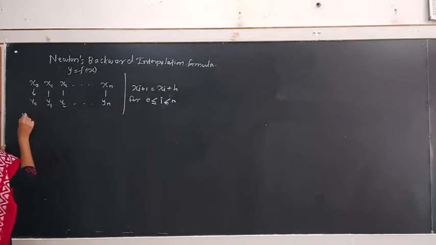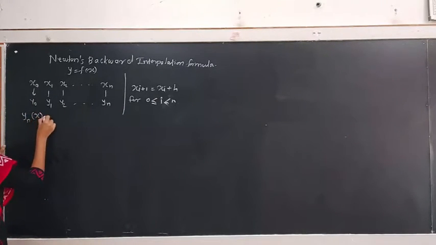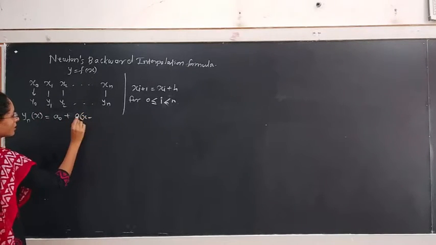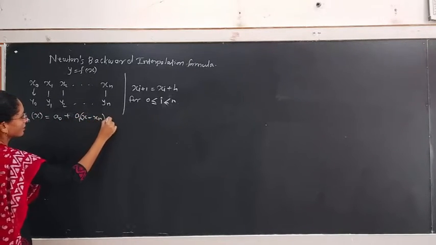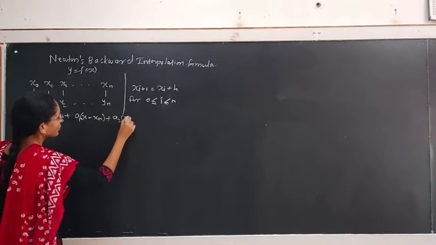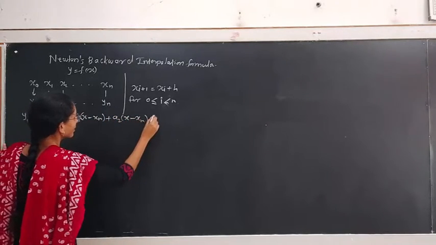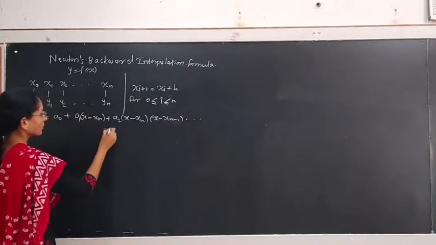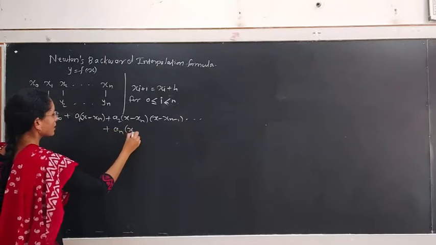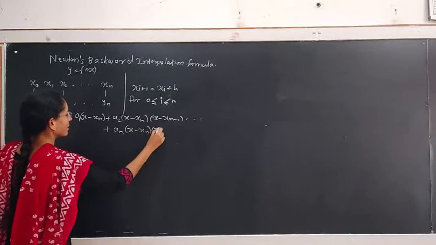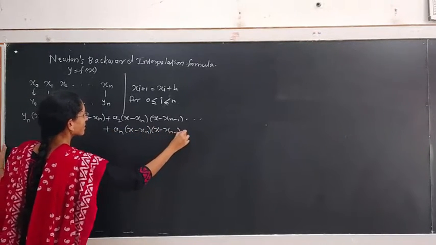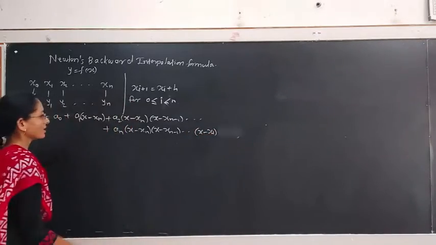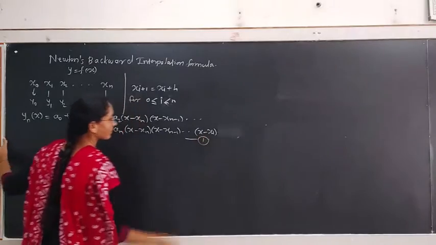Consider a polynomial yn of x equal to a0 plus a1 into x minus xn plus a2 into x minus xn, x minus xn minus 1, up to an into x minus xn, x minus xn minus 1, up to x minus x1. Suppose this is equation number 1.